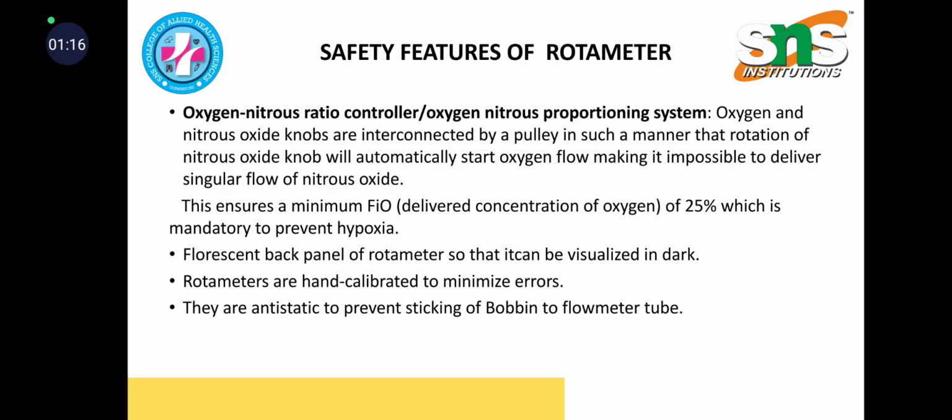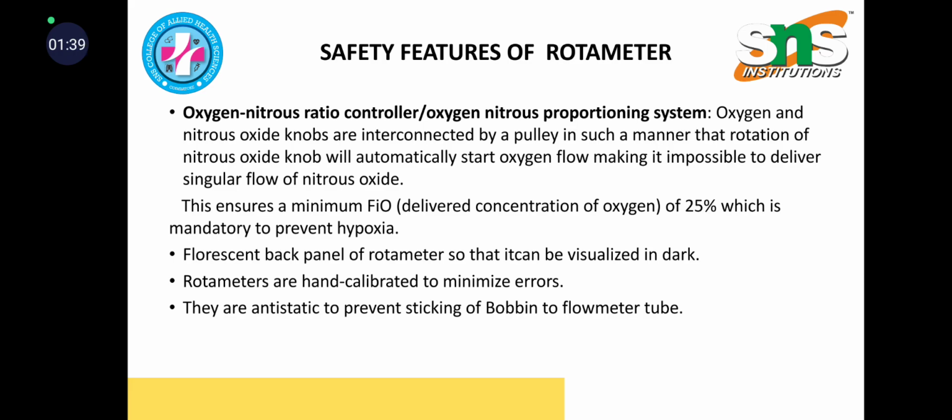Then in the oxygen nitrous ratio controller, or oxygen nitrous proportioning device, the oxygen and nitrous oxide control knobs are interconnected by a pulley in such a manner that rotation of the nitrous oxide knob will automatically start oxygen flow, making it impossible to deliver a singular flow of nitrous oxide.